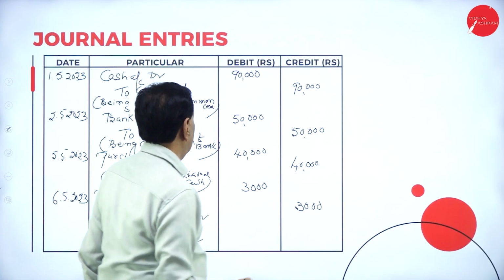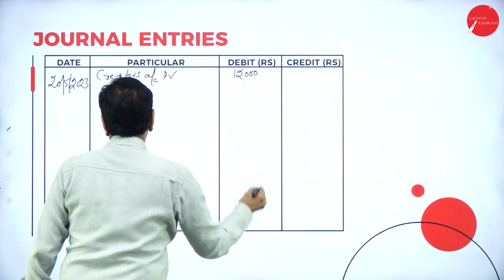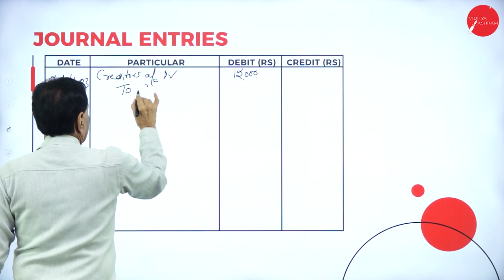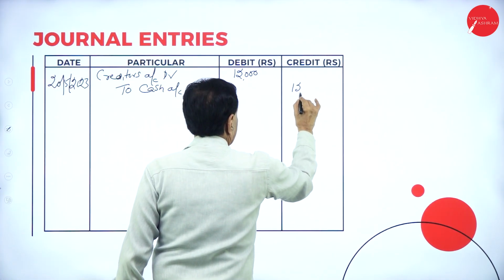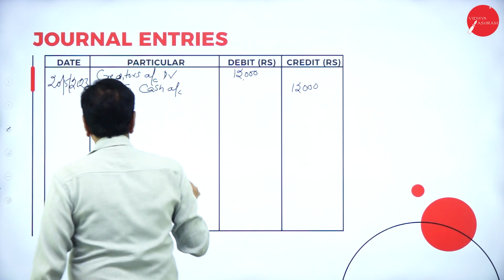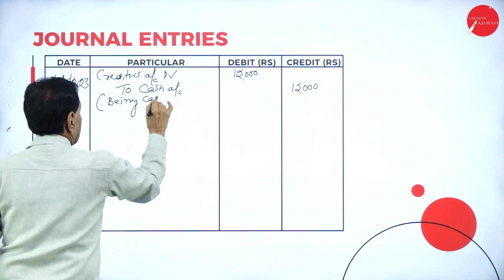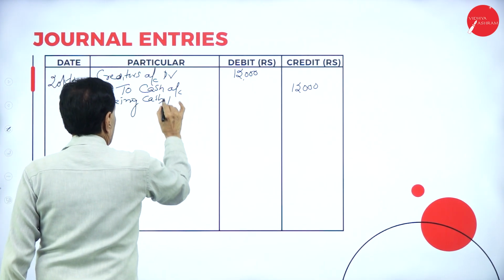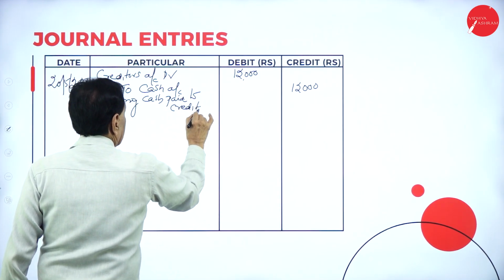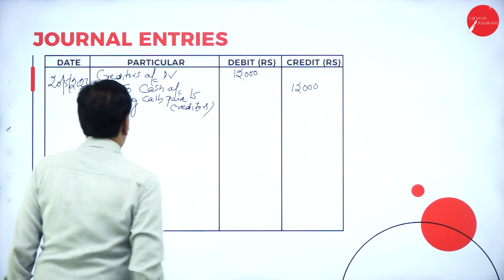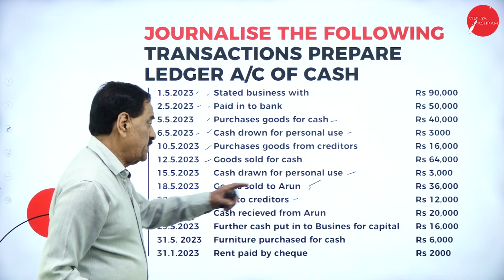This is your 12,000, to cash account, 12,000, being cash paid to creditors. The 20th is over.